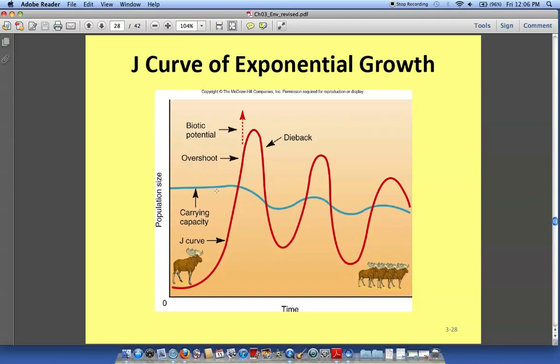The carrying capacity cannot handle too many in the population, so those organisms die, and then this just keeps happening over and over again. You can see the decline of what it's doing to the environment. It's making the environmental resources decline if we have this problem of overpopulation and then a drastic dieback.